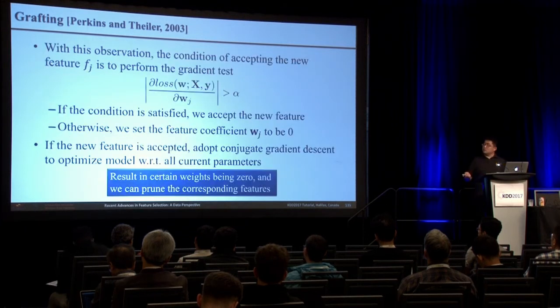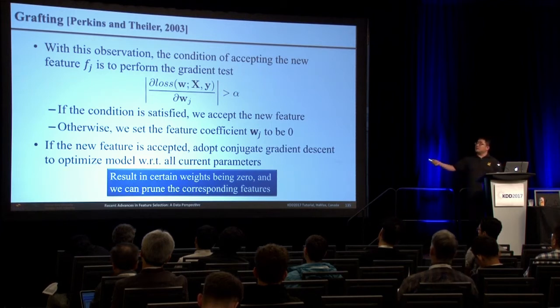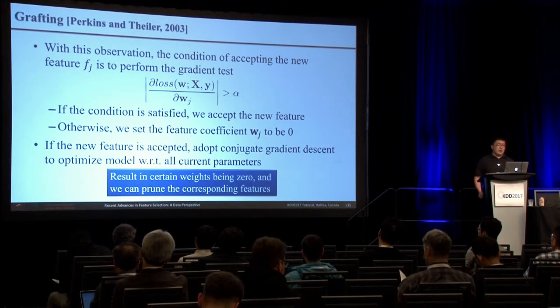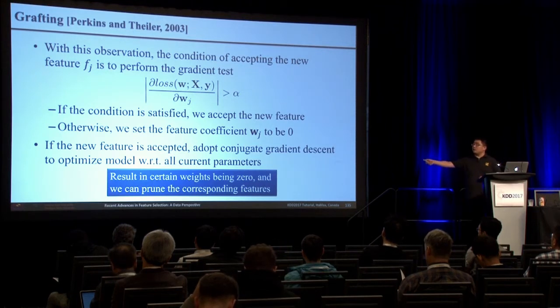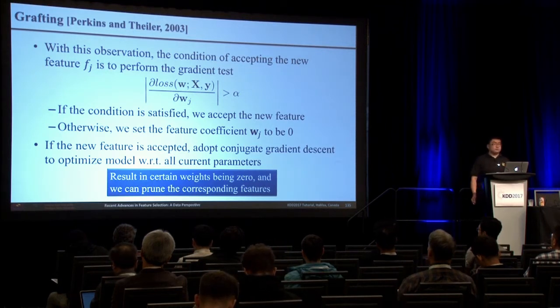Based on this observation, we can obtain the condition for accepting the new feature, which is to perform a gradient test. If the condition is satisfied, we accept the new feature. Otherwise, we set its feature coefficient to be 0.